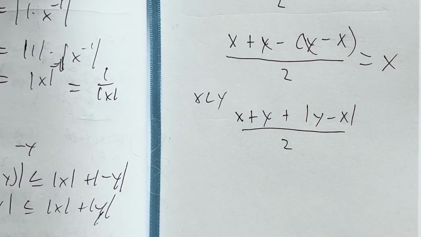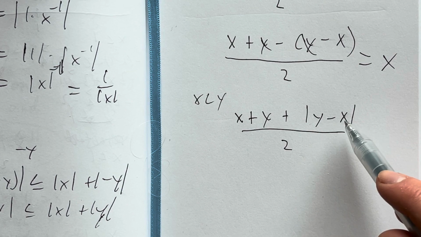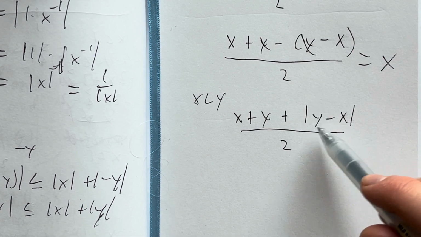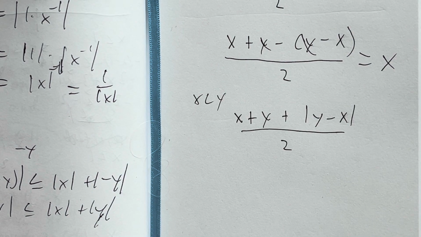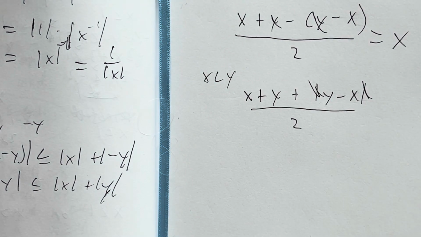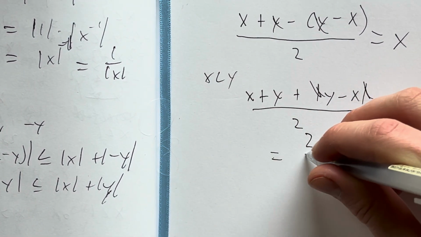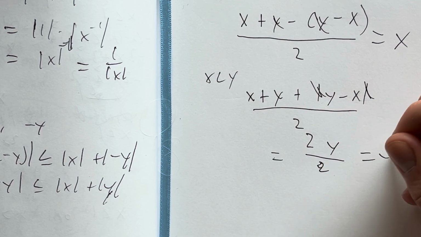Well, now, because y is greater than x, this expression is greater than 0. Thus, we can just remove the absolute value signs, leaving us with 2y over 2 equal to y.